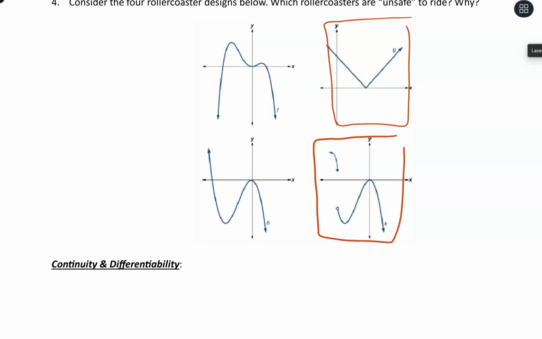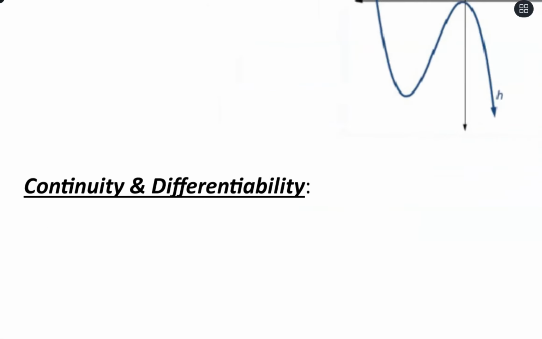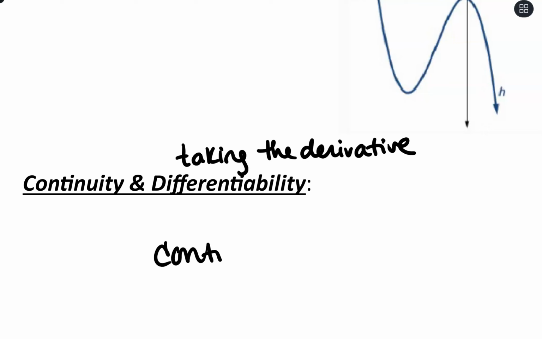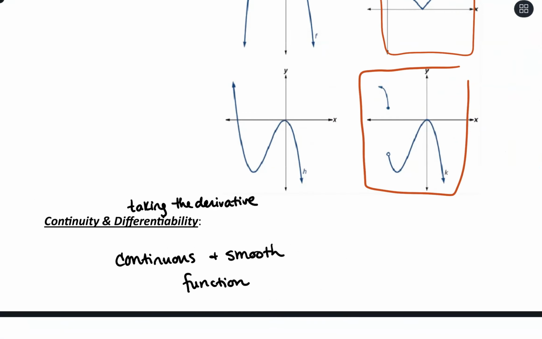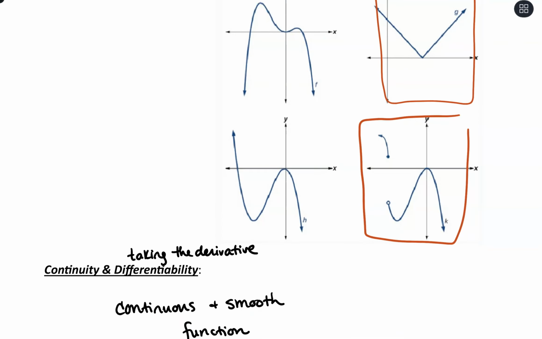So to talk about differentiability, which is the idea of taking the derivative, let's write that down: taking the derivative, we want a continuous and smooth function in order to take the derivative. So our function will be undefined when we have jumps and when we have sharp edges.